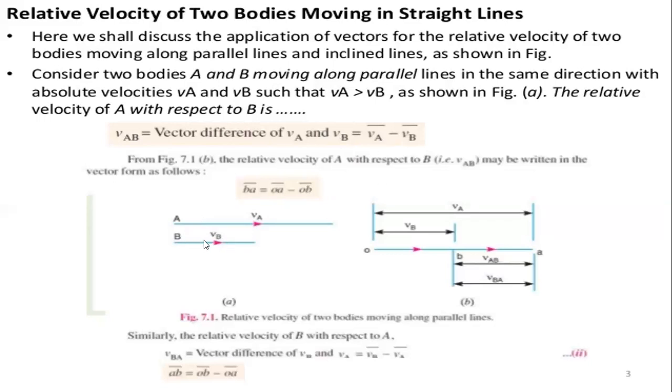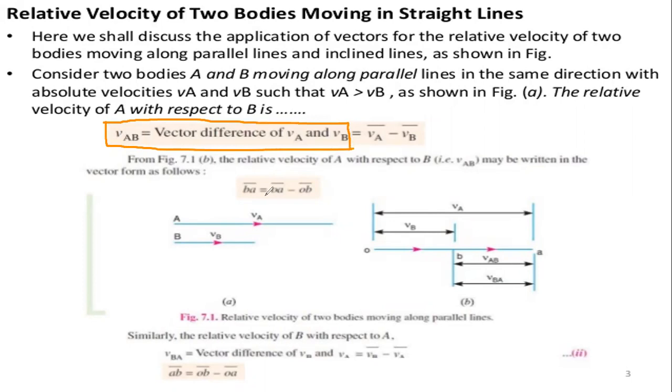The relative velocity of A with respect to B, so I am considering the relative velocity of body A with respect to body B. Therefore, VAB is equal to the vector difference of velocity A and velocity B. So this is the respective equation taken for both the velocities.